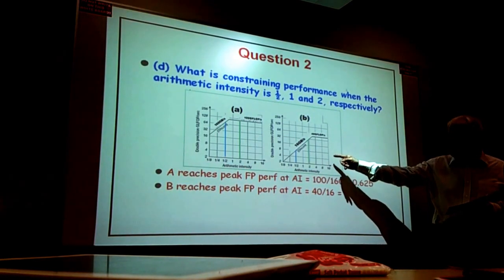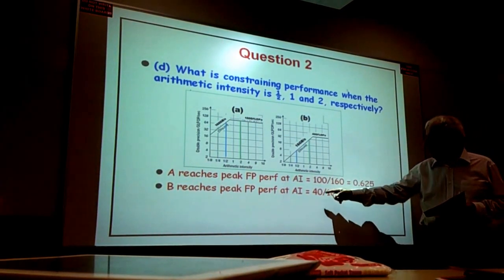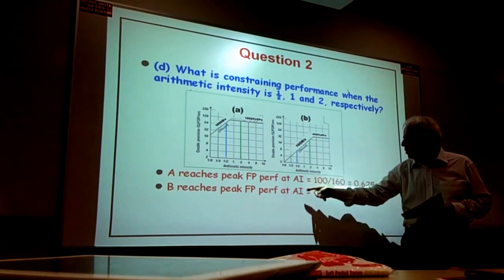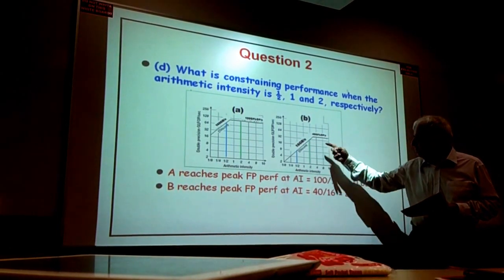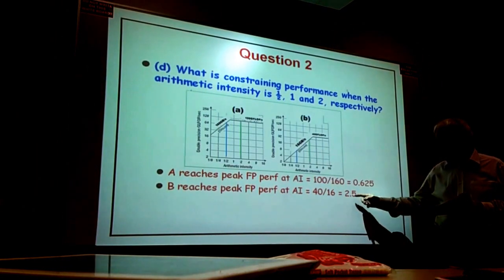For the second vector processor, it's going to reach this point at an arithmetic intensity of 40 divided by 16, which is 2.5.